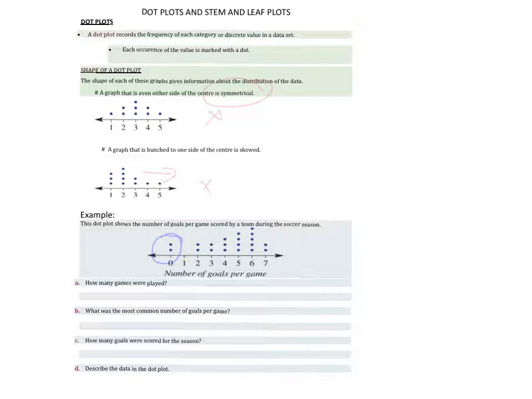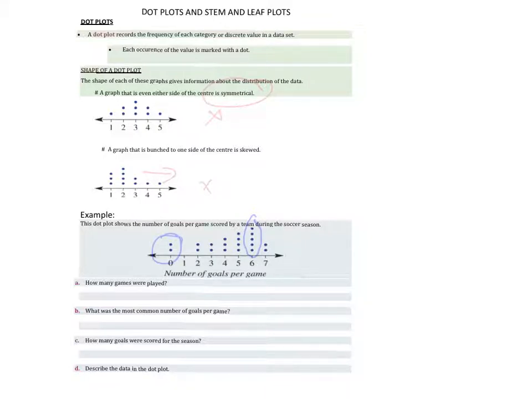Here, if we look at this one, where there are 5 dots, we can say that 5 teams scored 6 goals in a game during that season. So we must make sure that when we look at our graphs and tables, that we know exactly what the information is telling us.